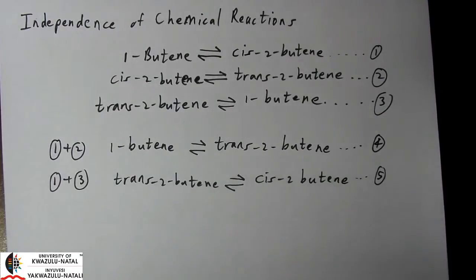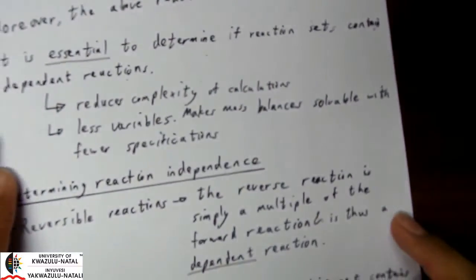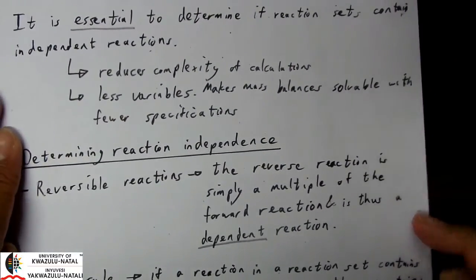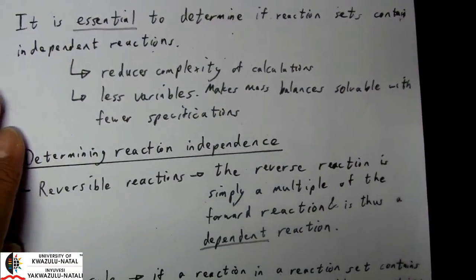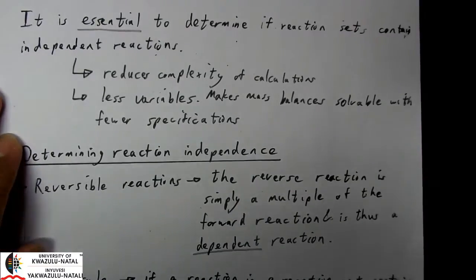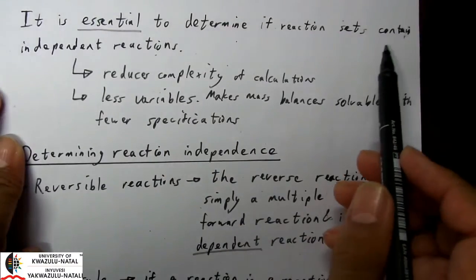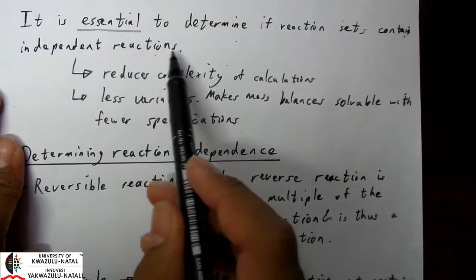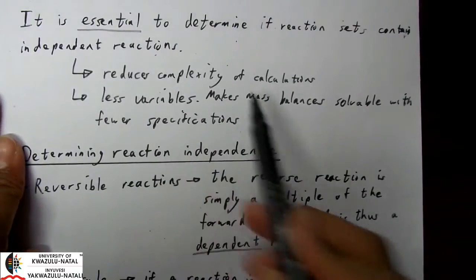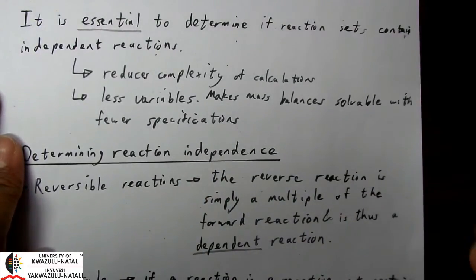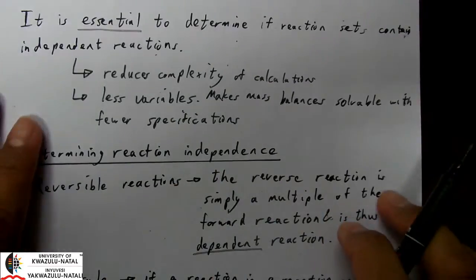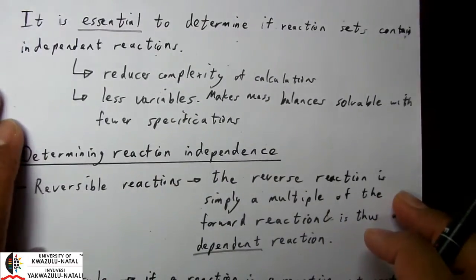Okay, so this is just the facts stated. We need to determine if our reaction sets contain independent reactions to reduce the complexity of the calculations and ultimately use fewer variables.